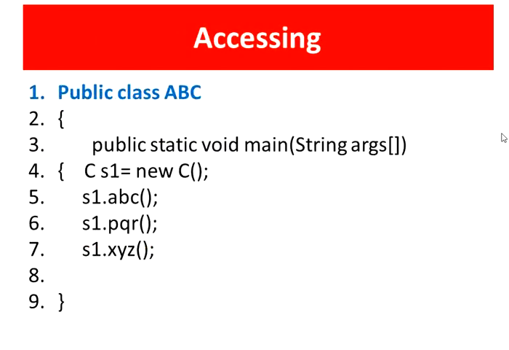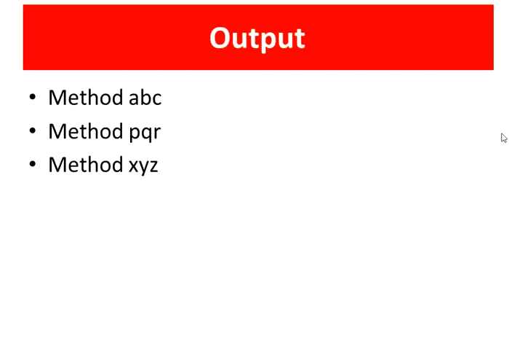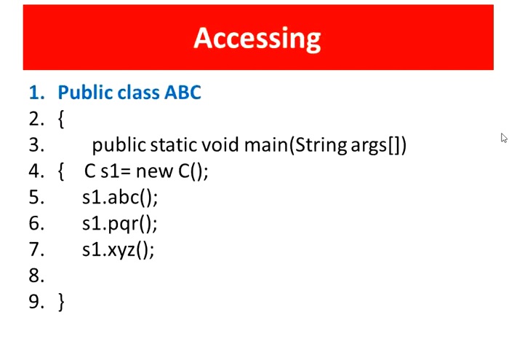So in short we can see that interface A has method ABC which displays output as method ABC. Then class B has method PQR which displays output as method PQR, and class C has its own method XYZ which displays output as method XYZ.